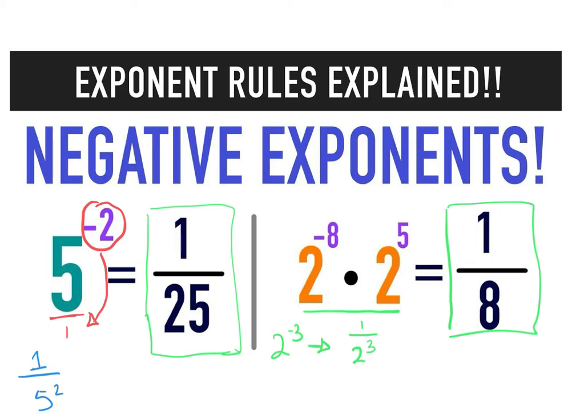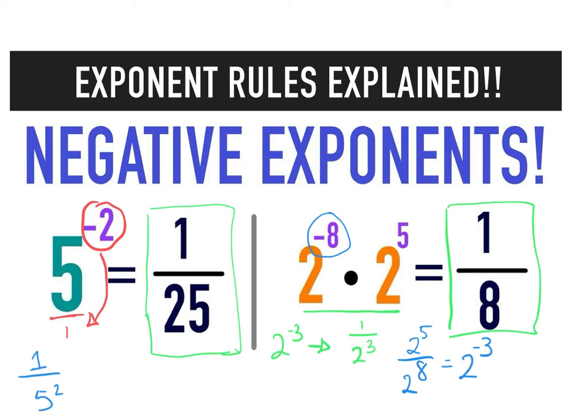Or I can go ahead and deal with the negatives first. So I'm going to move this to the bottom because it is a negative. So I'm going to have 2 to the fifth power stays on the top, but now this is going to go on the bottom. And now I have to use my division property, which says I need to subtract. Well, 5 minus 8 is equal to negative 3, which takes me back to what I just did before.